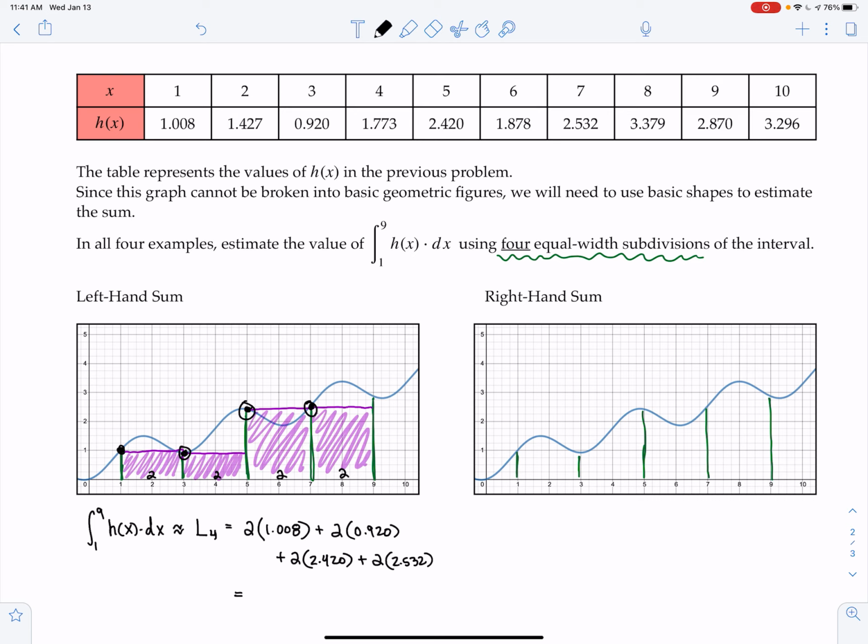I'm just typing this into my calculator now. Two times 2.532, and I get an answer of 13.76 units squared.